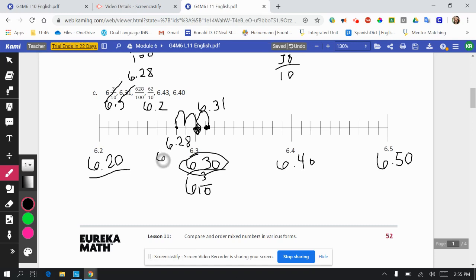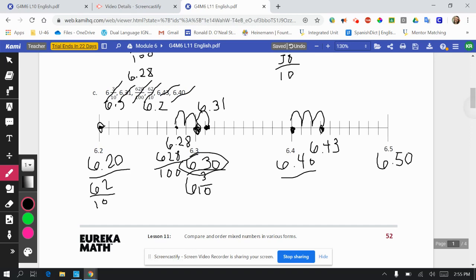Oops, it's written as 628 over 100. Cross that on out. 62 tenths is 6.2. And then I'll write that down below. 6.43. Here I've got 6.40. 1, 2, 3. There we go. And 6.40.